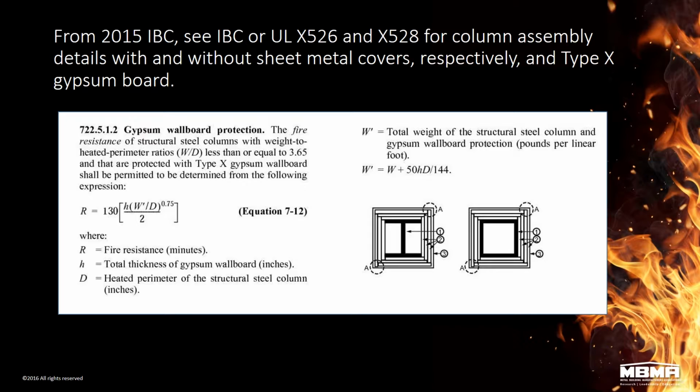It applies to any type of Type X wallboard, so it's not manufacturer brand specific, as long as one uses a Type X wallboard enclosure. And that is the very nice feature, because many of the UL assemblies, including some of the MBMA sponsored ones, are specific to proprietary gypsum board products, and that is the limitation that must be used for those applications.